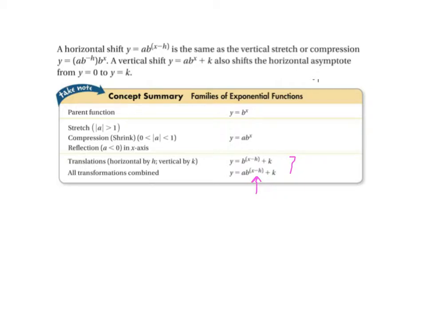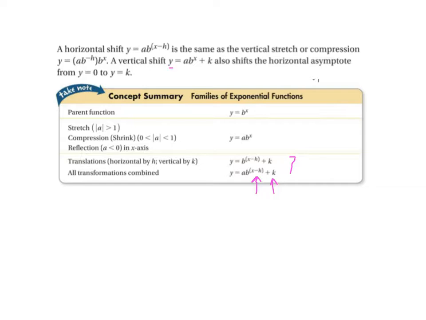And remember, if it's -h, it's going to be to the right, and if it's +h, it's to the left, same as before. The k value is your vertical shift factor, so +k is up, -k is down. One of the things that's going to happen when you have a vertical shift, and that is your k factor, is that your asymptote, your horizontal asymptote, is going to change.